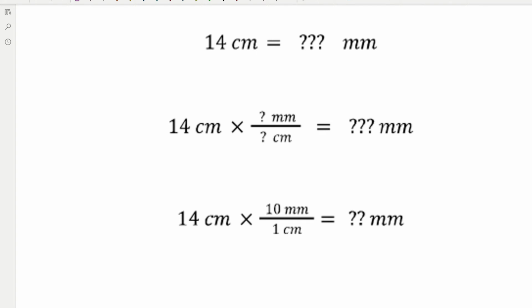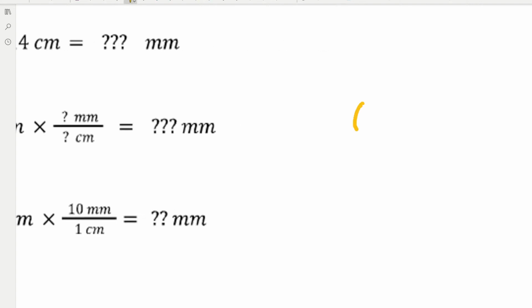And the trick to this is to use units exactly how we use numbers. We know that if we take a number, if we took the number 6 and divide it by itself, it's going to equal 1. And that's true for any number. If we take 11 and divide it by itself, it equals 1. And if we take 200 and divide it by itself, it's equal to 1.